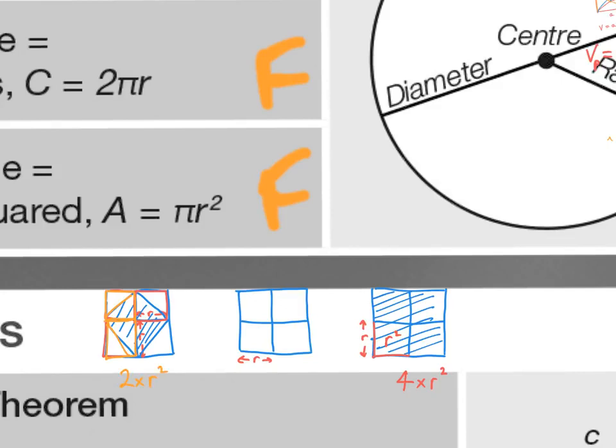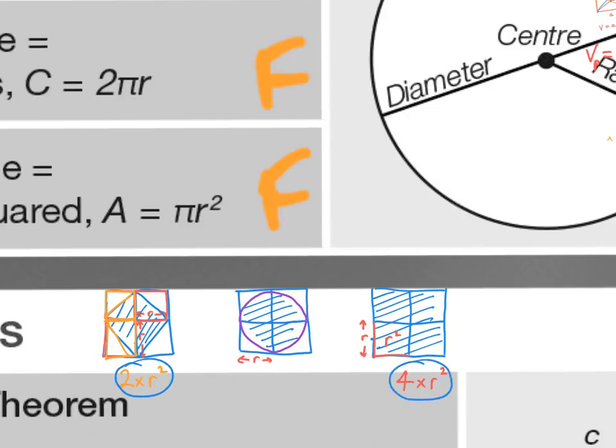And here's the thing that'll help you remember what a circle's area is. Some of you may know what's coming now. I'm going to change the colour here. So if I draw a circle here, can you see that the area of this circle is definitely more than 2R squared, and it's definitely less than 4R squared.